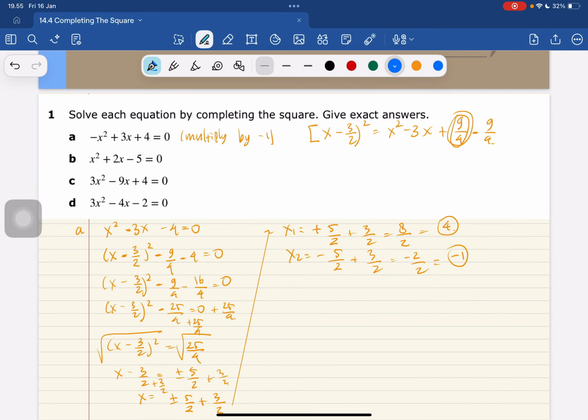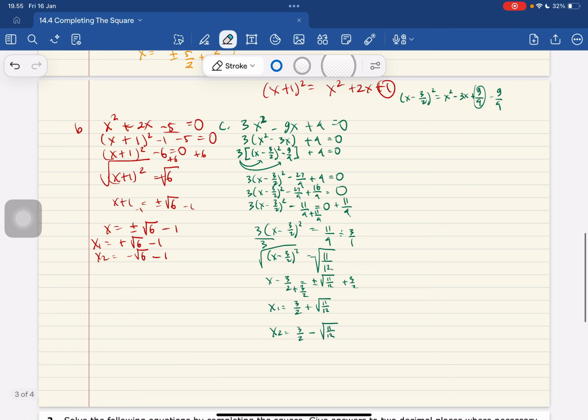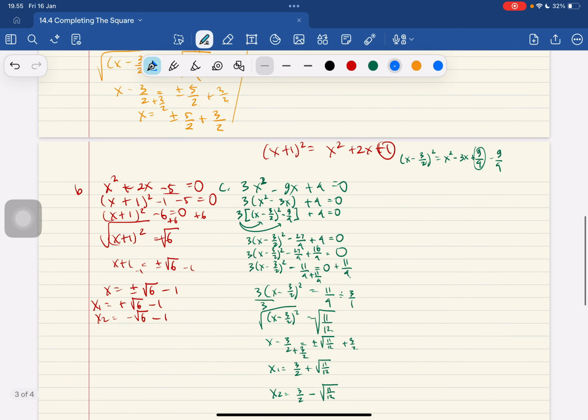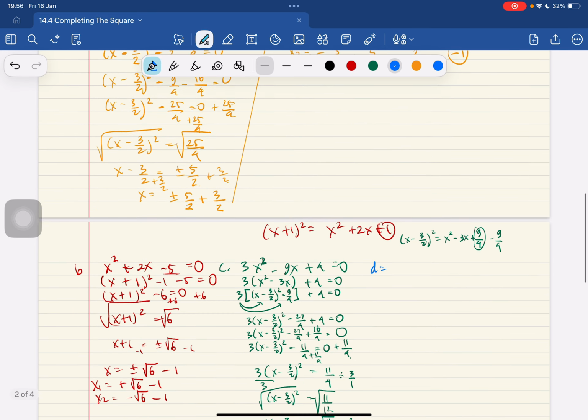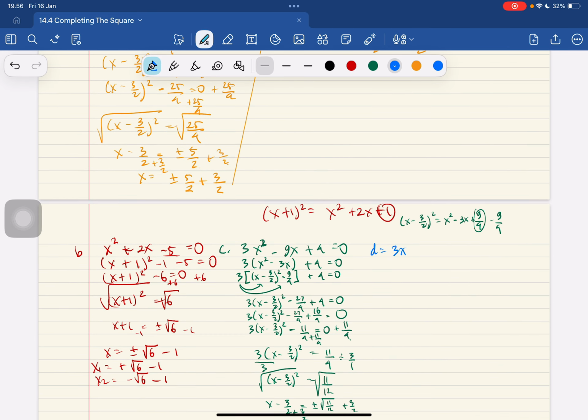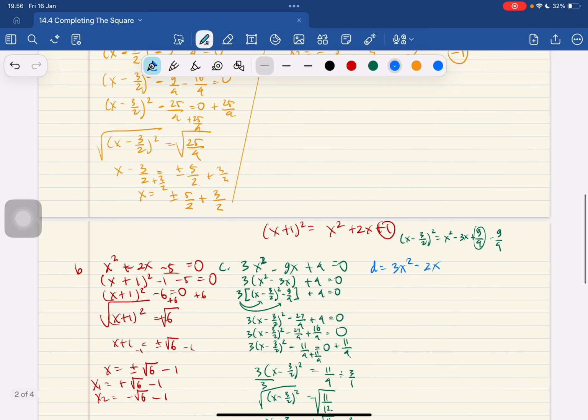Okay, next we have D. You write it here. So D is 3x squared minus 2x, minus 4x, and then minus 2, equal to 0.